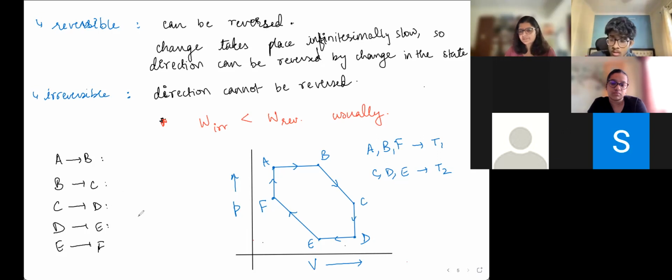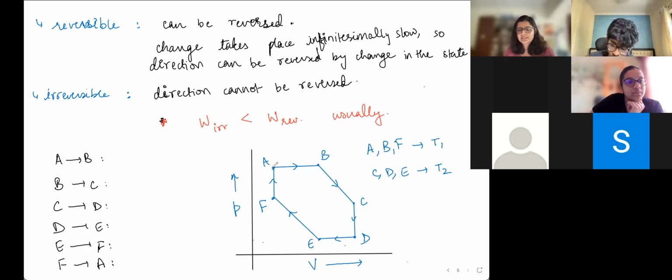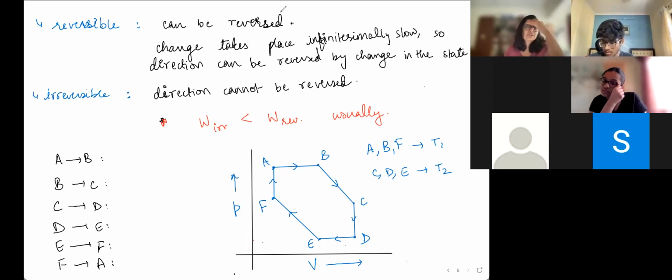No, before this we looked at different types of processes, no? So adiabatic. Is A to B isobaric? A to B, isobaric, Sanat says. It can be multiple also. Isobaric, yes, because you can see that pressure is constant in both cases. What else can it be? Isothermal, because A and B are at the same temperature T1.